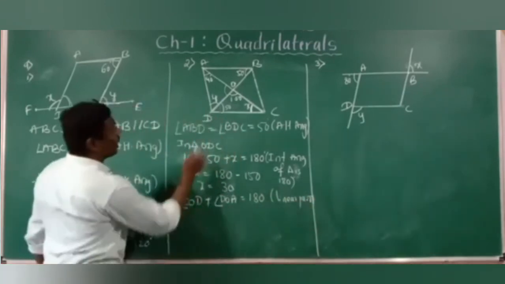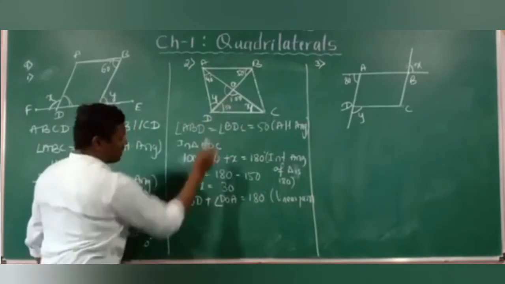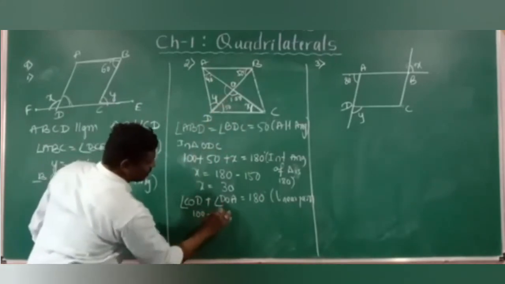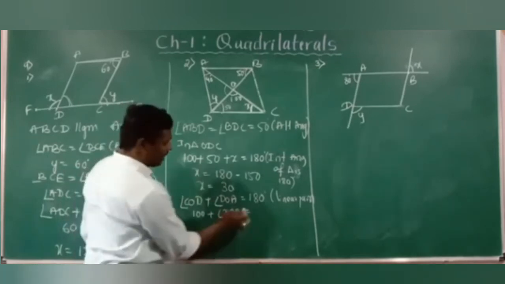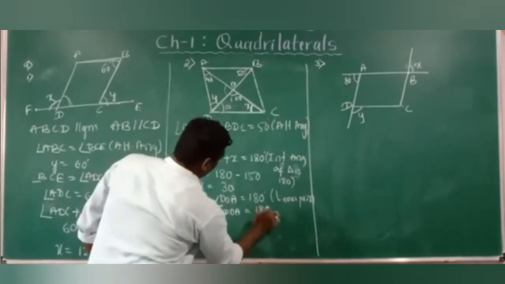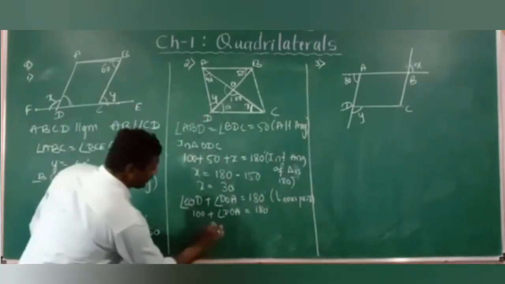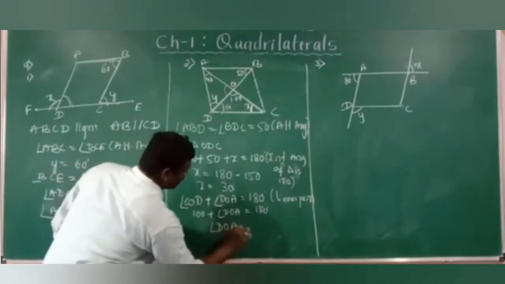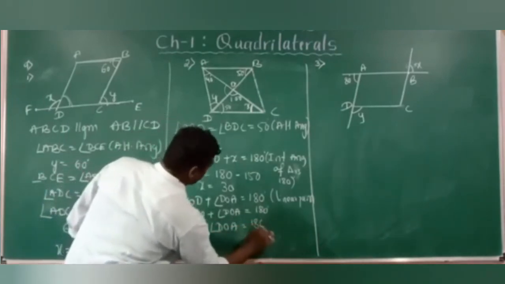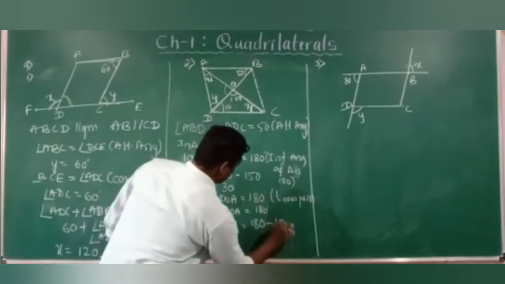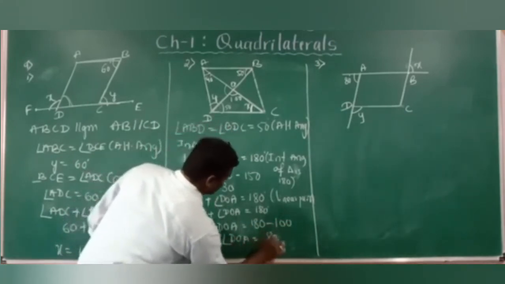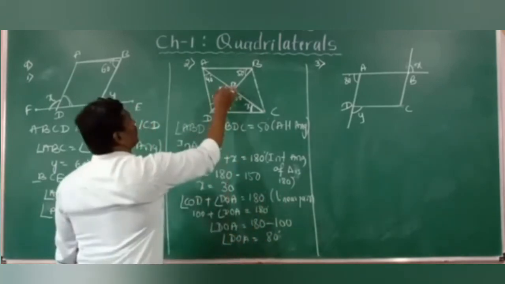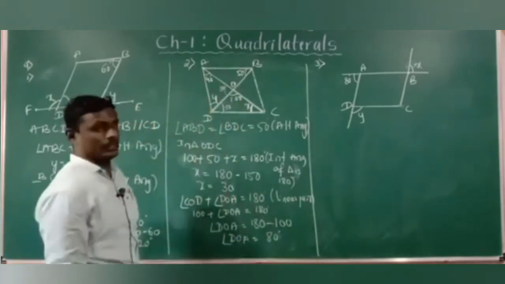So angle COD is already 100 degrees, plus angle DOA is equal to 180 degrees. Now angle DOA is equal to 180 minus 100. Angle DOA is equal to 80 degrees. So this angle is 80 degrees.